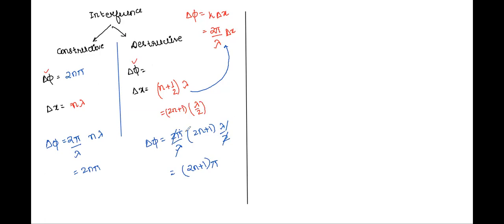See, the 2 and 2 get cancelled, right? So you have 2n plus 1 into pi. Are we clear with this? Just verify. Don't hurry. Relax. Sometimes I may also be wrong. See whether whatever I've written is correct or not. Verify and then say yes or no.